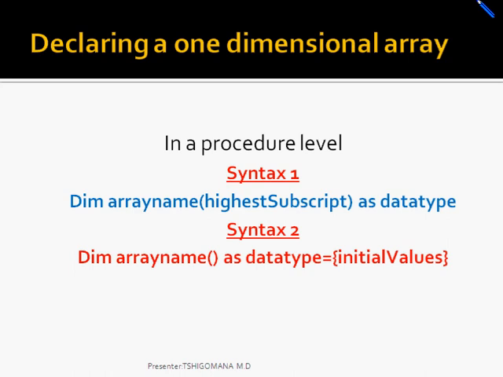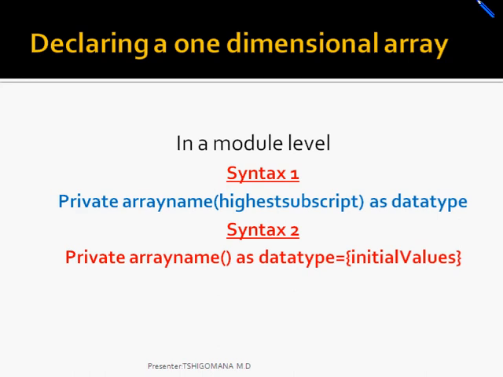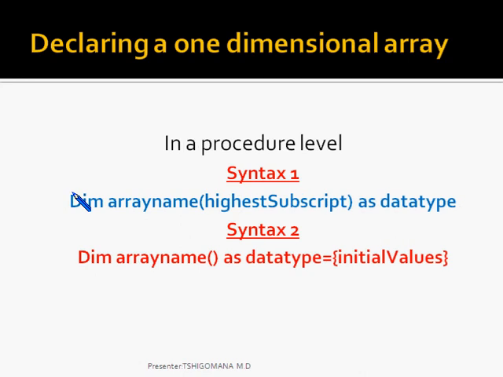Where in a procedure level? In other words, where do we declare an array at procedure level? Let me take you back a little bit. At module level, if you are declaring an array, you start with the word Private. That is one thing that I want you to note. At procedure level, when you declare an array, you start with the word Dim.